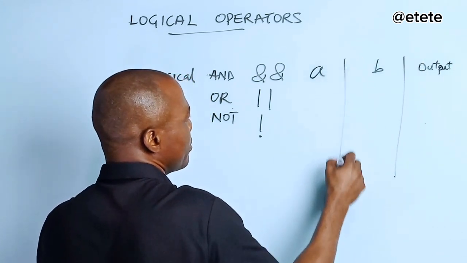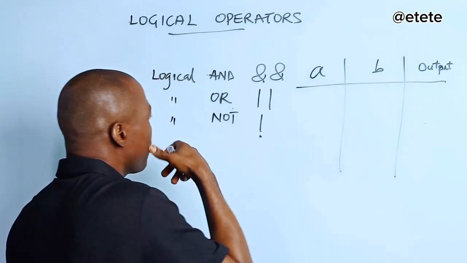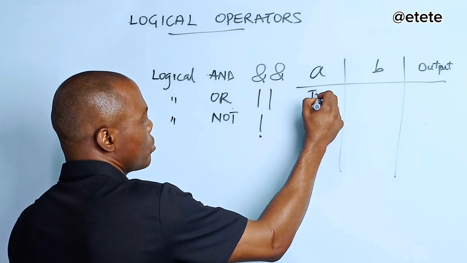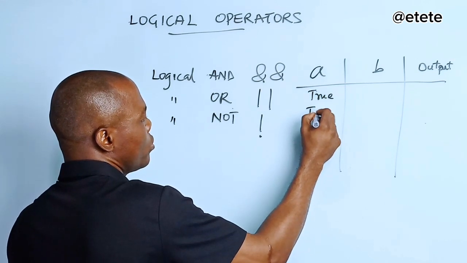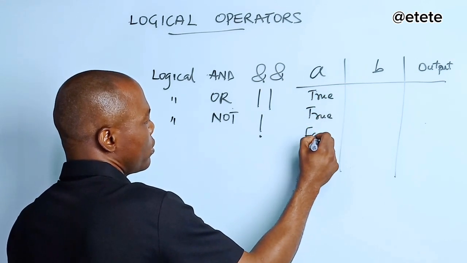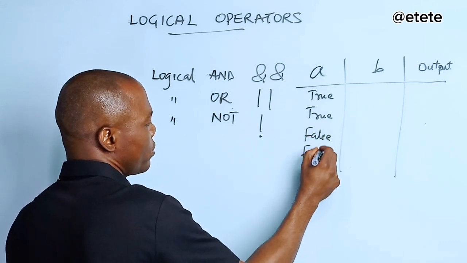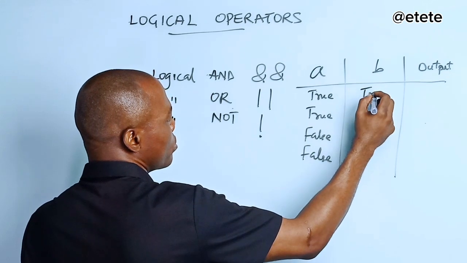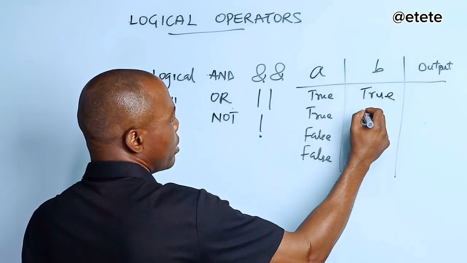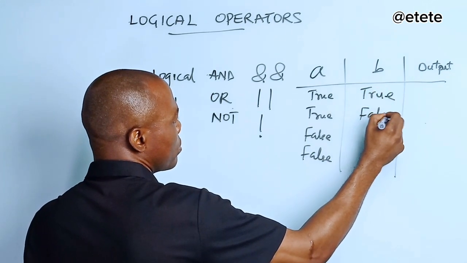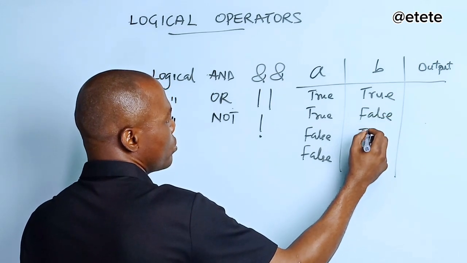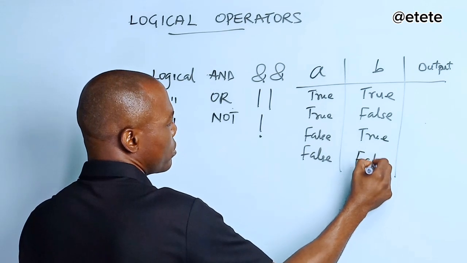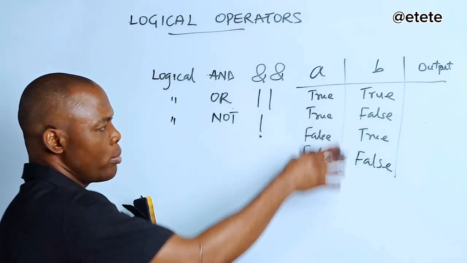If this is true, this is true, this is false, and this is false, this is true, and this is false. So this is the truth table.